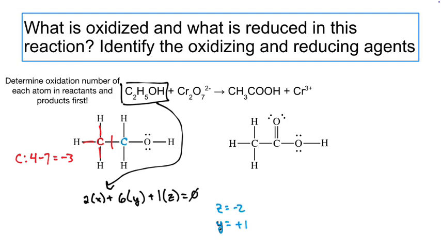Again, not always, but most of the time it is +1. And if you memorize those extra pieces, now what happens to your expression? I get 2x plus 6 minus 2 equals 0. Right? Did I do that math? All right, so now I can say 2x equals -4. Yeah? And I get x equals -2. What did I say x was?